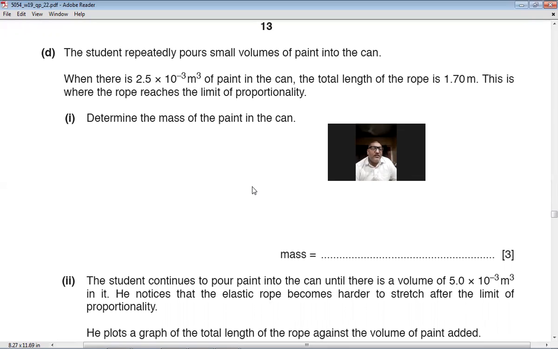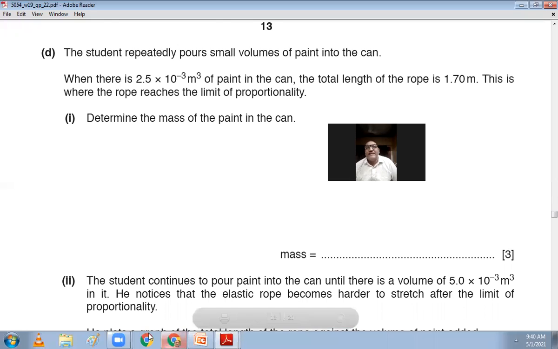And from the weight of the can with the paint, I will subtract the weight of the empty can, and by doing that I will be able to find out the weight of the paint. And from the weight of the paint, I can find out the mass of the paint. So let me show you how I have done this.